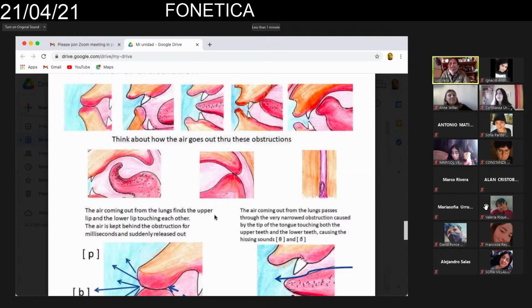Ese es un buen ejemplo, ¿ya? Pero ahora digan w-o-u-l-d. ¿Cómo se pronuncia? Wood. Ahí está. Claro, wood. Ahí está ese sonido, en wood.